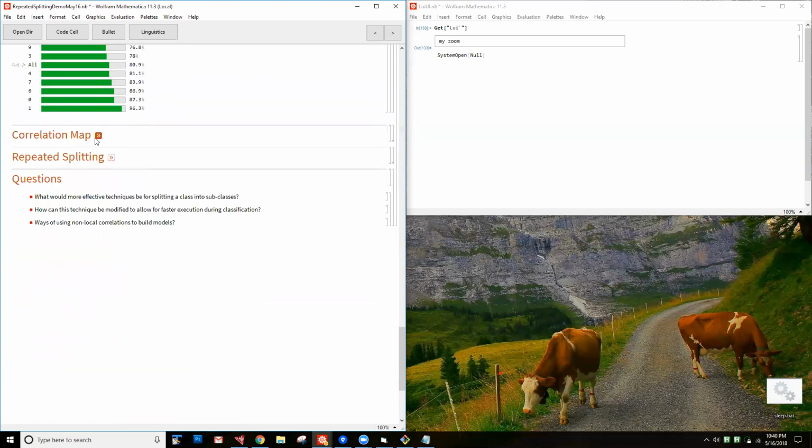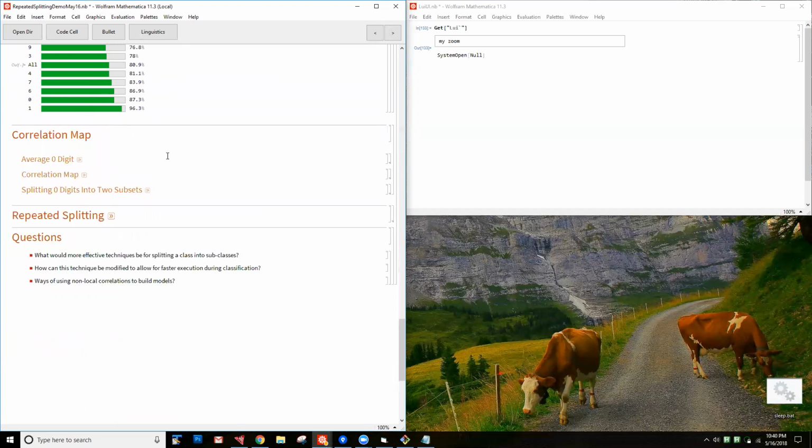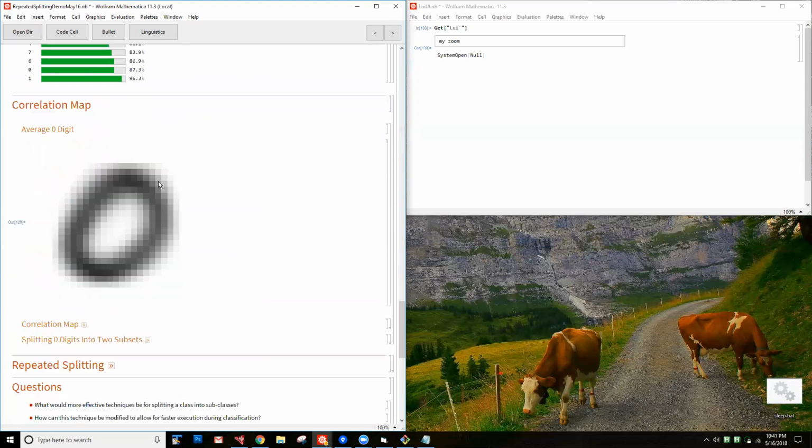Where I went from there is I was exploring a concept that I'm calling a correlation map here. I don't know what the proper term for it would be, but if you take the average 0 digit here and you choose a pixel that is roughly black in about 50% of images and white in 50% of images, you can ask yourself, what is the meaning or structure behind what would cause that digit to be black or white?